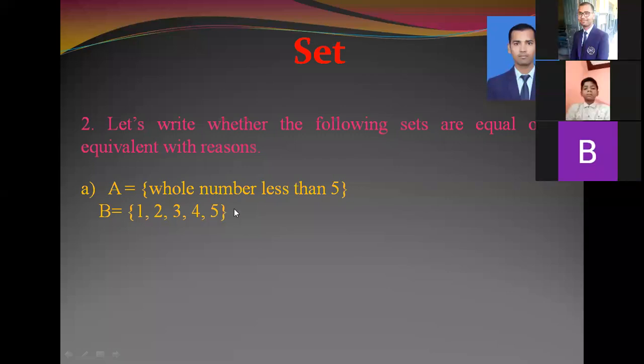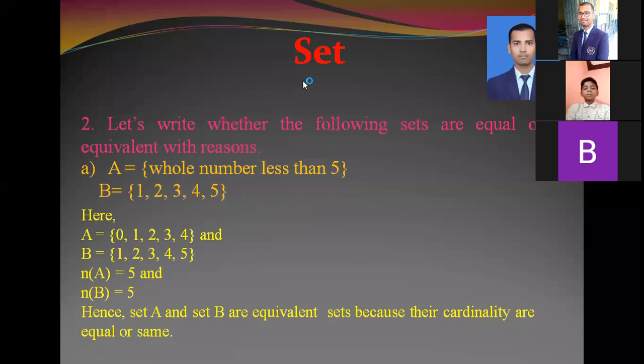These are the two sets, because to make a relation, we need at least two sets. So two sets are given to us here, A and B. At first, we represent the sets in listing method for our ease.